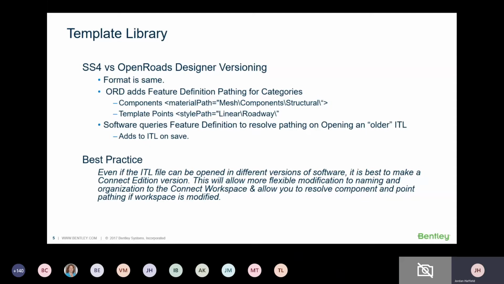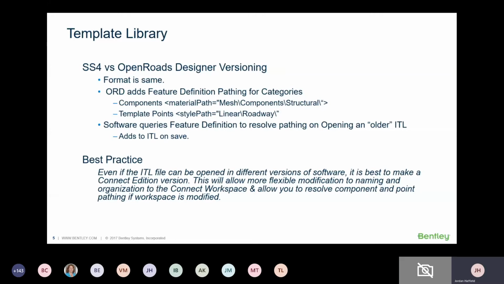But although the formatting is the same and you can open up an ITL in OpenRoads, when you first open up that file in OpenRoads, it's going to burn the file path for the feature definition into that ITL file. So the best practice here is that even though you can open up that ITL in different versions of the software, you just want to make sure that you are backing up your files and creating a Connect Edition version.